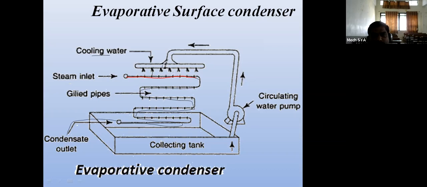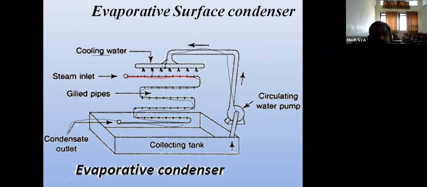Again this water is recirculated. While coming down it also comes in contact with air and gets cooled. The cooled water from the collecting tank is sprayed again, the cycle continues, and this cooling water is sprayed from the top.